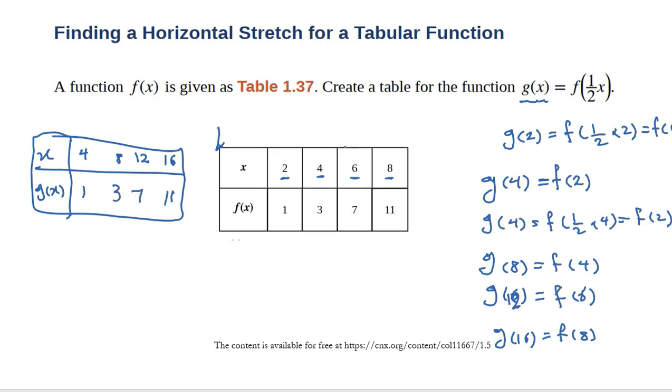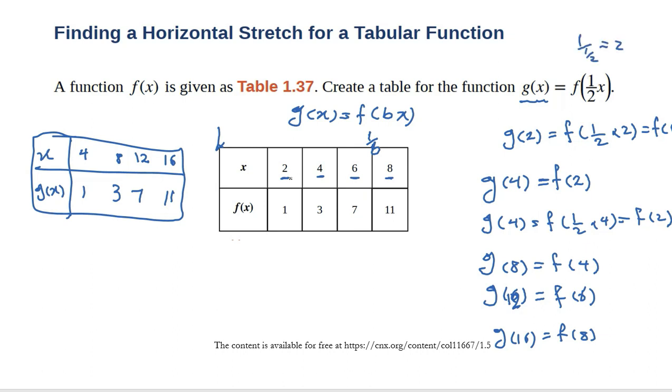On the other hand, we say that when g of x is f of bx, g of x will be stretched in the x direction with a factor of 1 over b. That means x variables will be multiplied by 1 over b. 1 over b here is 1 over 1 over 2, which is 2.